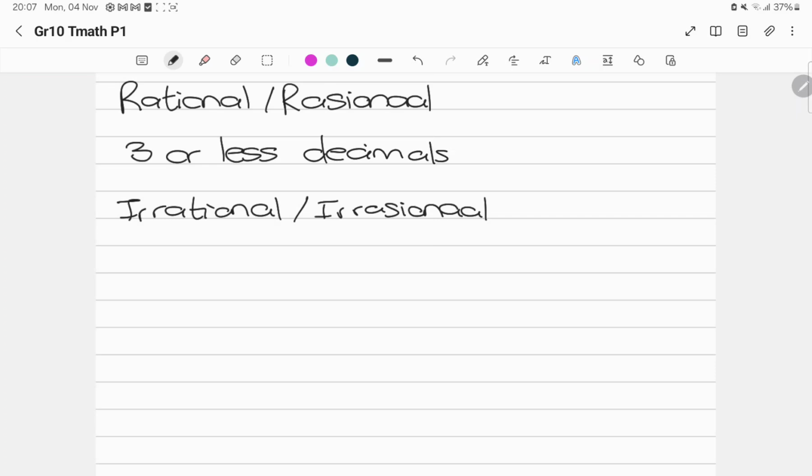So hy 3 of minder desimale plekke. An irrational number has 4 or more decimals. This is the key thing. So ir means it's not rational, when I have 4 or more decimals.